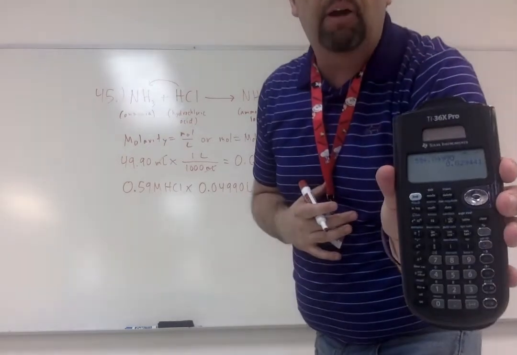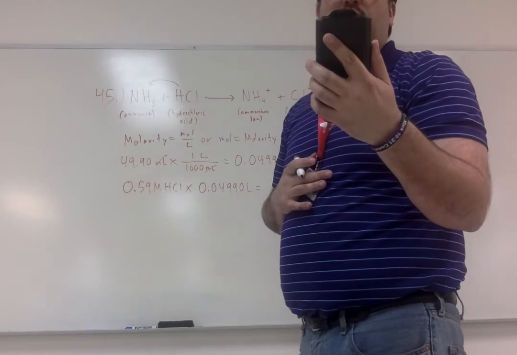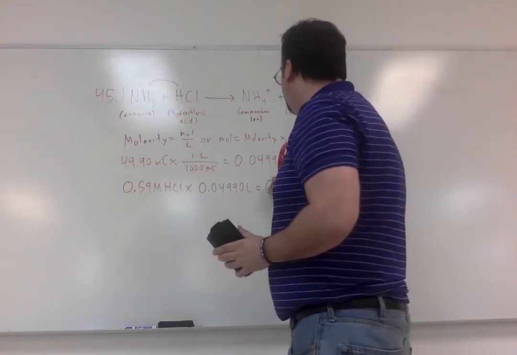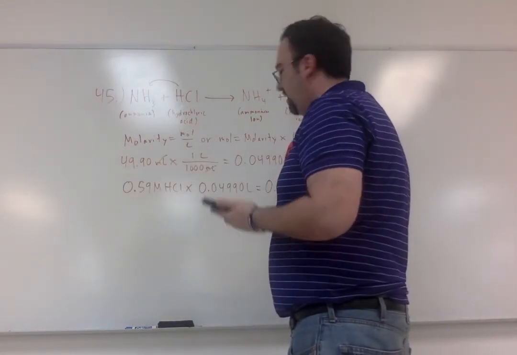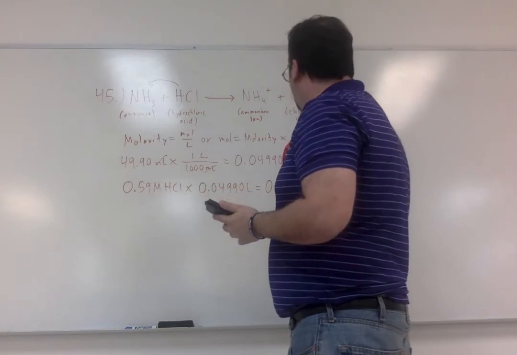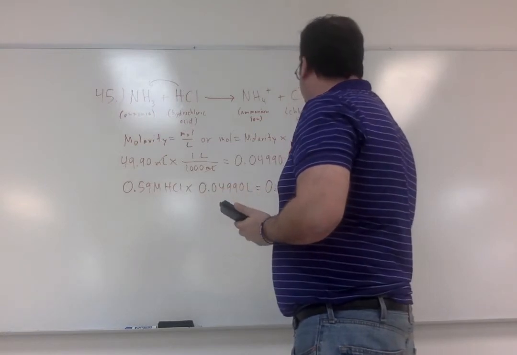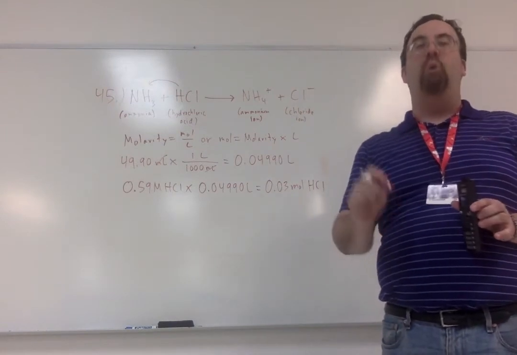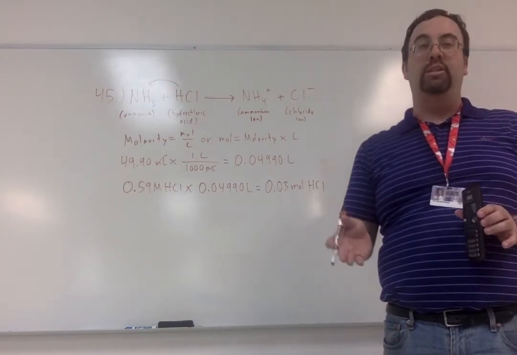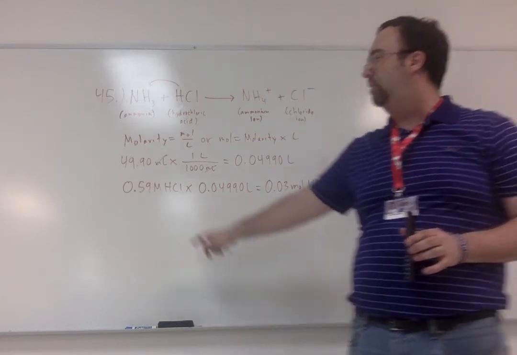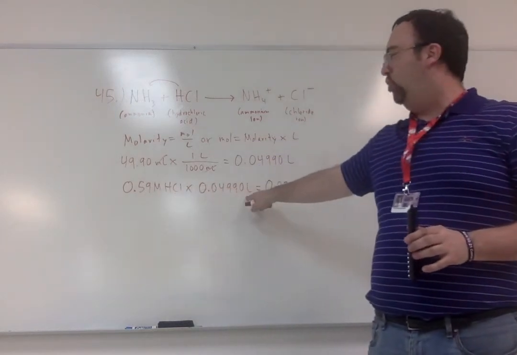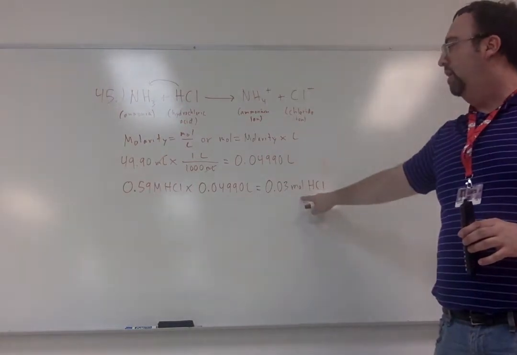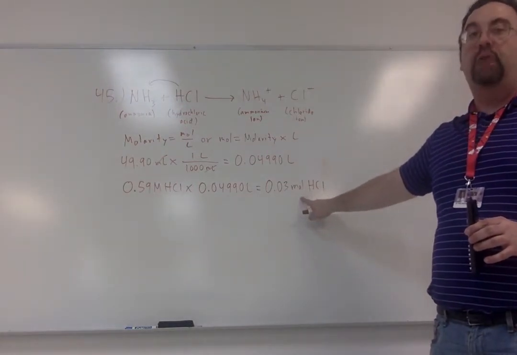I end up getting roughly 0.029, so let's say 0.03 mole of the HCl. Our first step again is to calculate the moles of our known, and our known in this case is hydrochloric acid. So we take the molarity times the volume in liters, and we end up getting 0.03 moles of HCl.